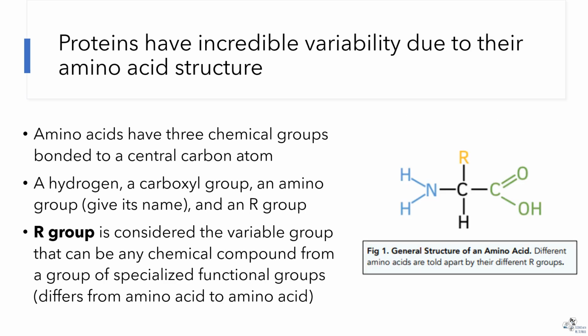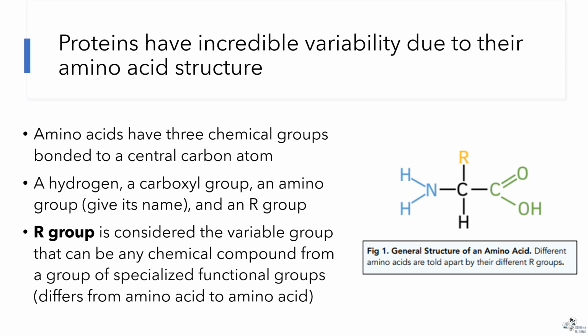And once again, structure informing function starts all the way at the very beginning at the monomer stage for our proteins. The reason why proteins have the immense variability in their structure and their function all comes down to the structure of the amino acid. So amino acids have a basic structure, and then they have a part of them that can go a little wild, we can say.